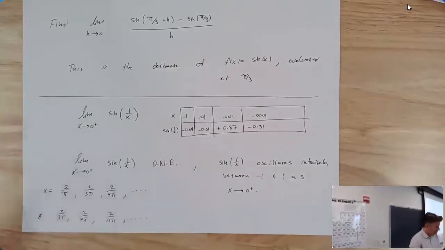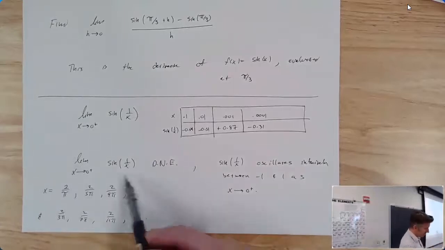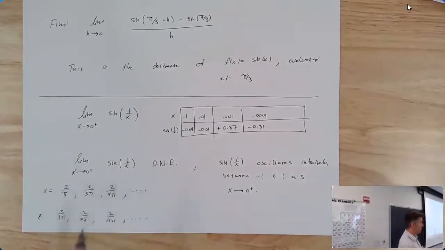Which are also getting closer and closer to 0, right? I can keep finding numbers like this that are positive and closer to 0. I'm just adding 4 pi in the denominator every time. So 2 over 13 pi, 17 pi, 21 pi, and so on. I can do that forever and always find a positive number closer and closer to 0.